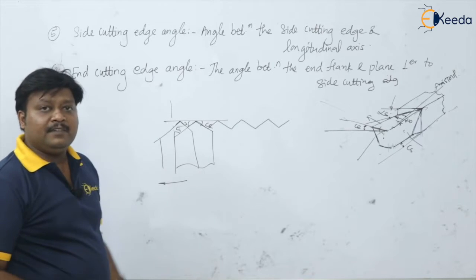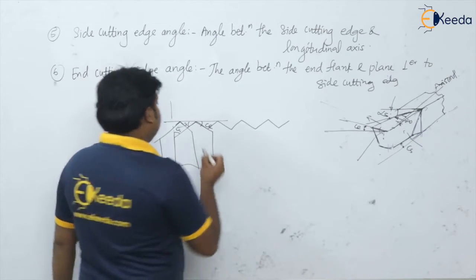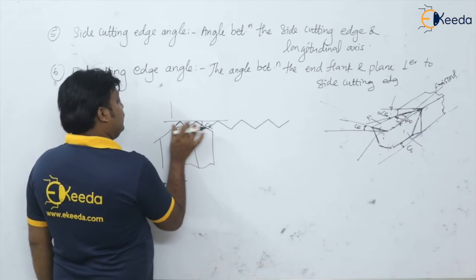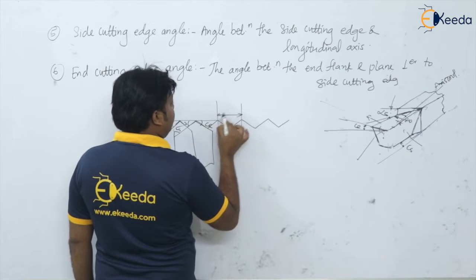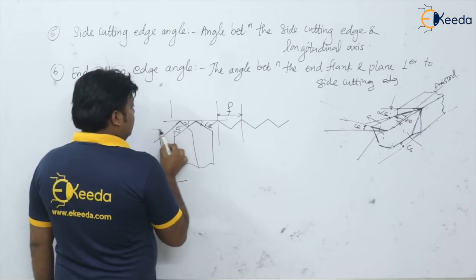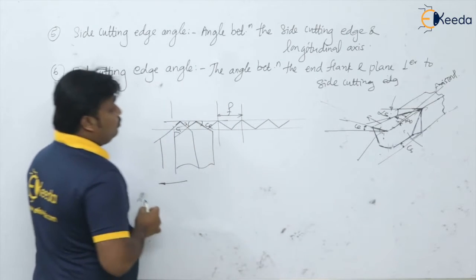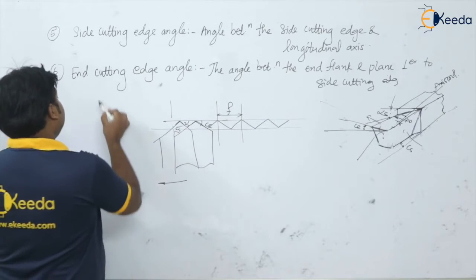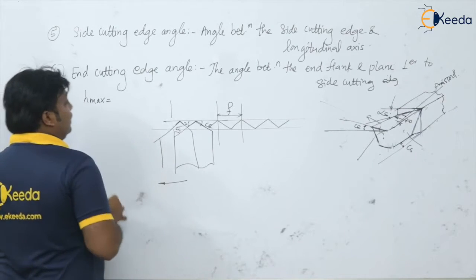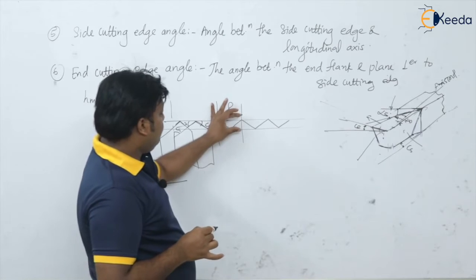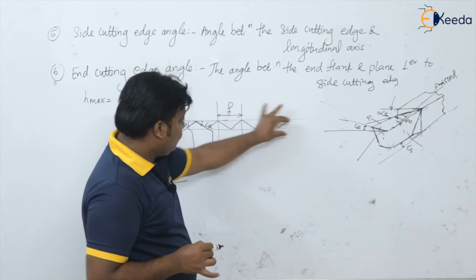Now if I take this feed mark into consideration, the distance between the tips of these tools is nothing but the feed. The surface finish produced is, say, H max, which is nothing but the maximum peak to valley distance on this surface.